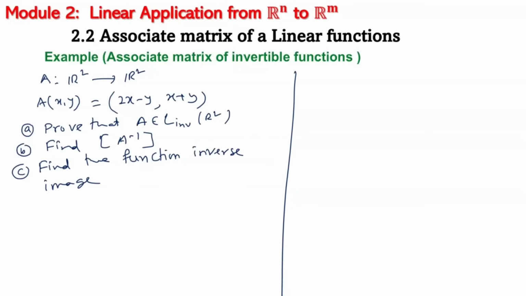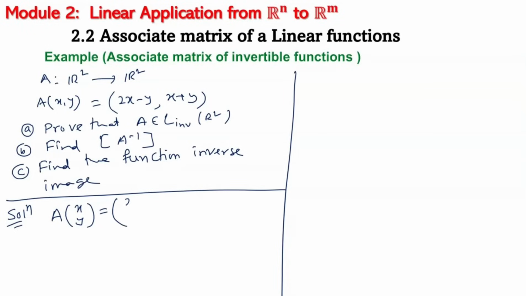So how can we do this? Solution. We can do it by two methods, but we will take the easy one, which is the matrix form as in the previous theorem. So A of x, y is given as 2x minus y, x plus y. To make it easy, we convert this into column form so that we can write the matrix easily.